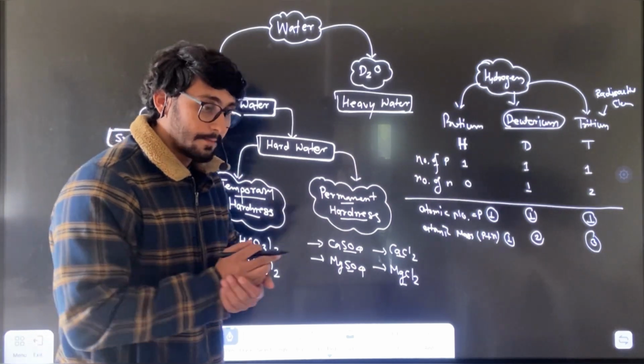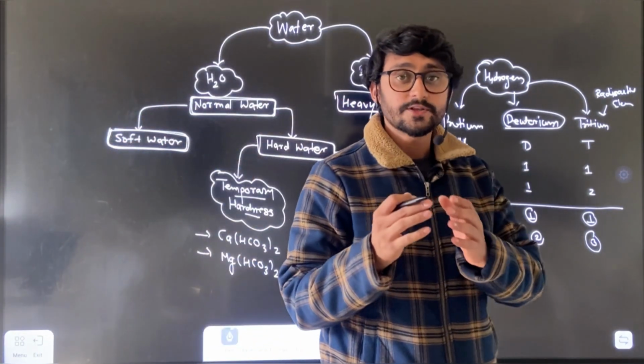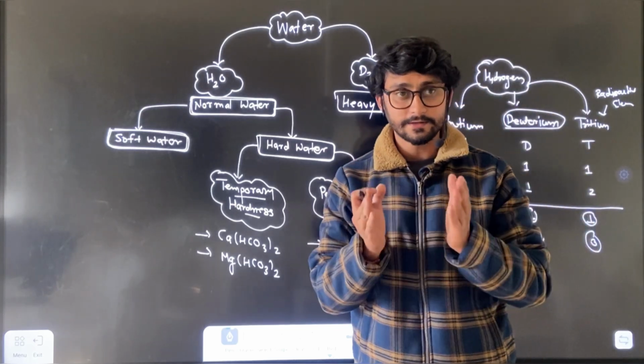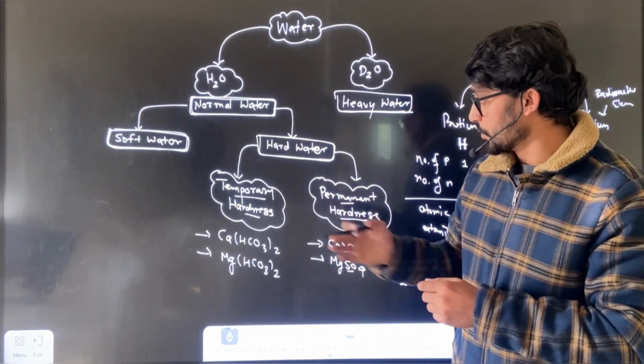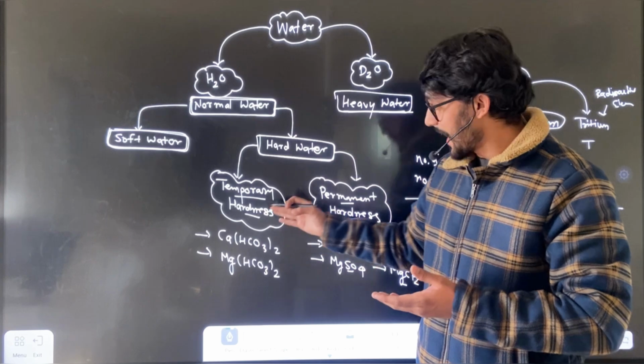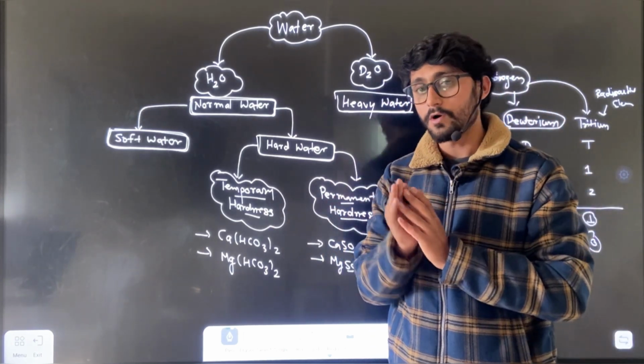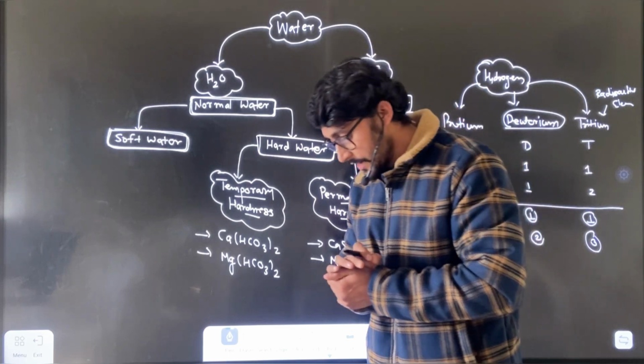Now we are talking about which techniques or methods are used to remove the hardness of water. There are several methods used to remove temporary hardness as well as permanent hardness, and some specific methods which are only used for temporary hardness. So let's start.